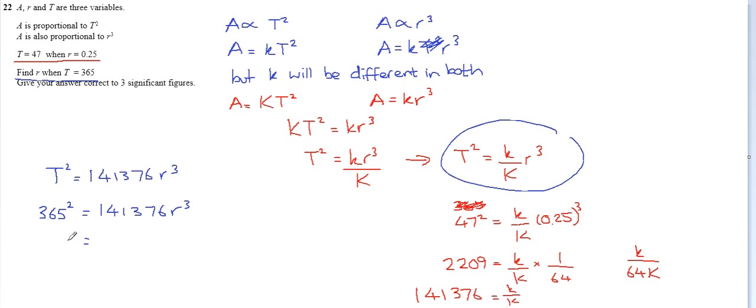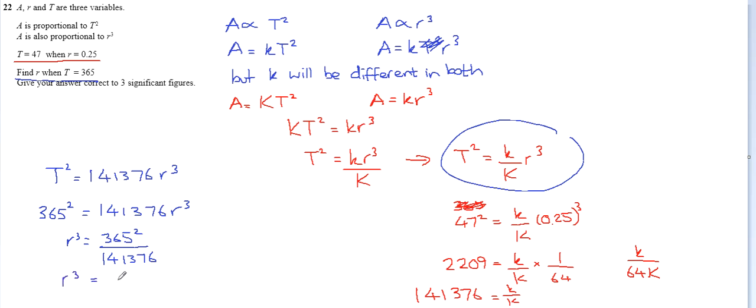Now I'm going to pop it around the other side because of the space I've got on the left here. So that's going to be 365 squared divided by 141,376. Okay, let's type this in. 365 squared, and divide that by 141,376. Eek.